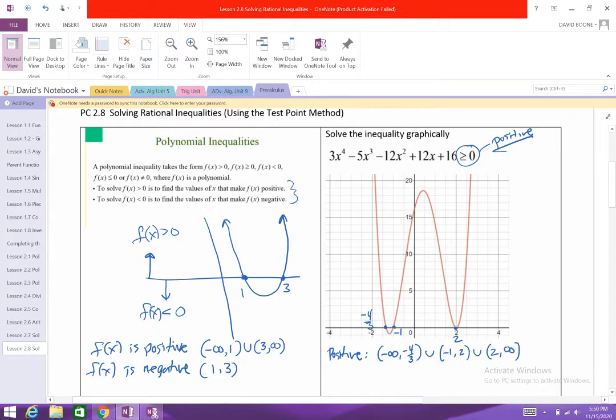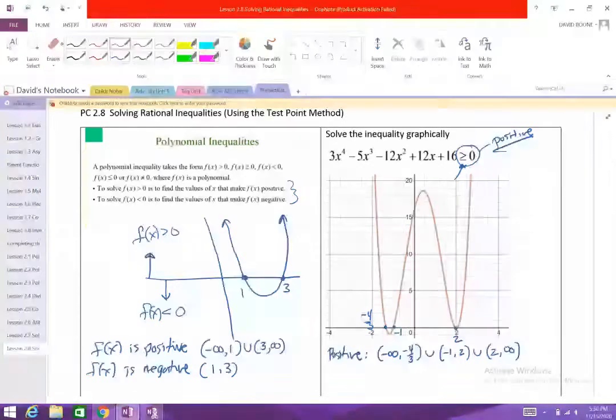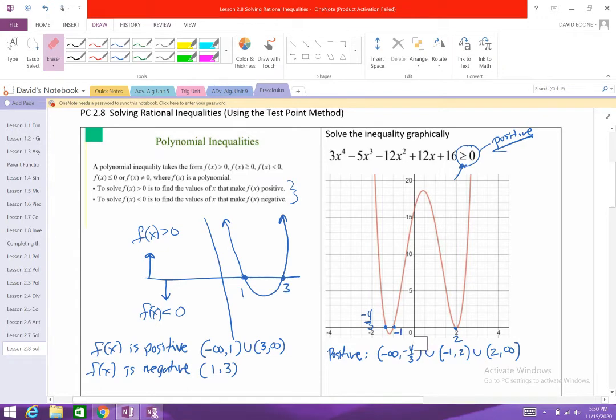Now, I'm just realizing here, as I went through this, because we have greater than or equal to 0, we can go back in and change some of these parentheses. If I'm going to let it be equal to 0, when it is negative 4/3, that's fine. That's actually when it is equal to 0. So I'd actually have a bracket there.